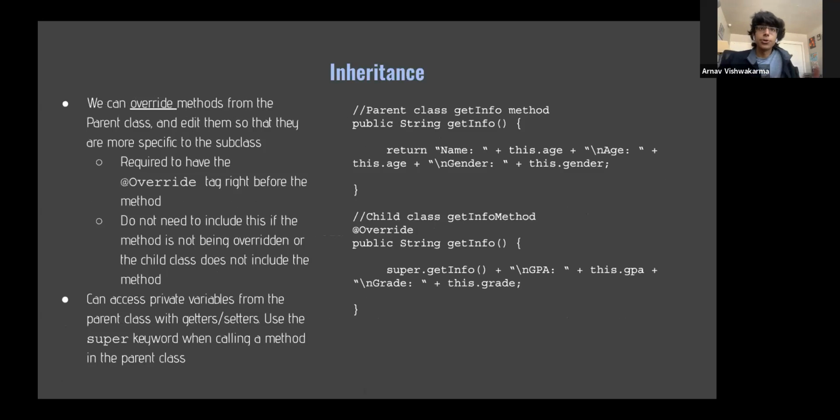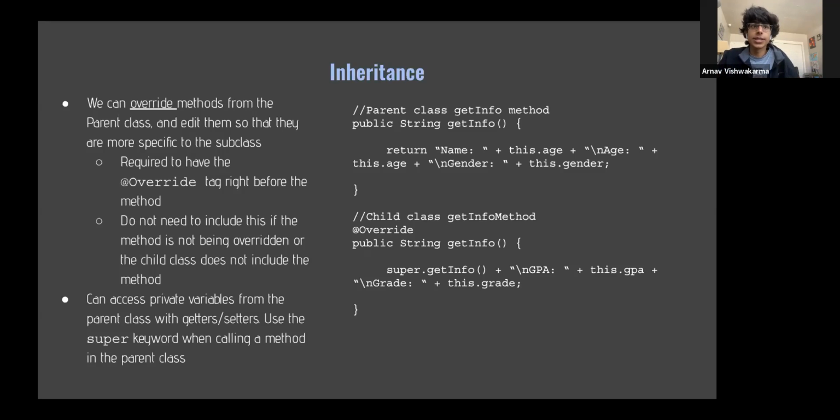Like we talked about previously, we can have new attributes in the child class, but we can also override methods from the parent class and edit them so that they're more specific to the subclass, or child class. You're required to have the override tag right before the new method that you override or edit.